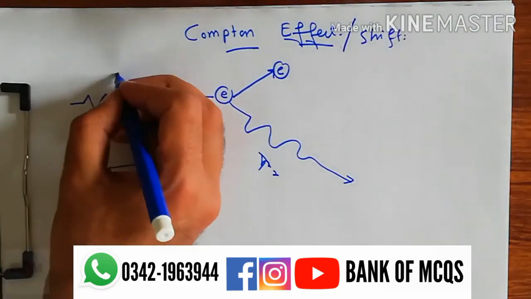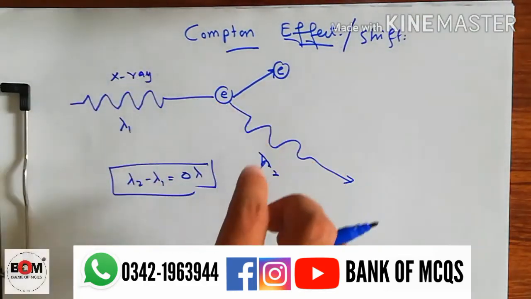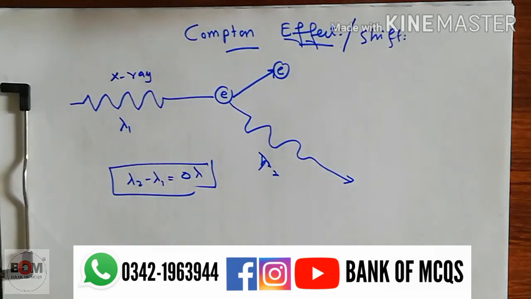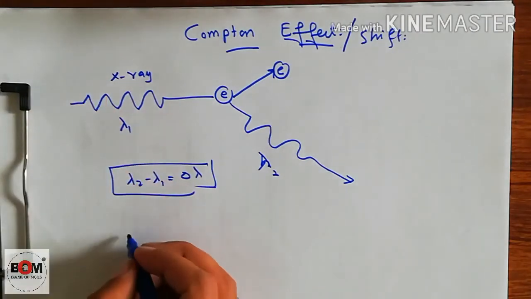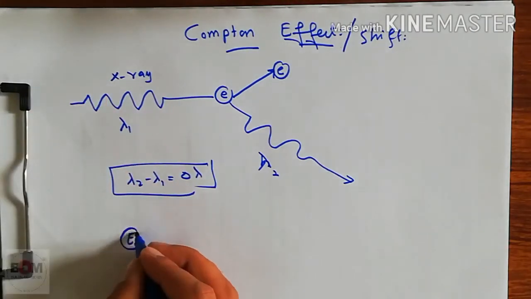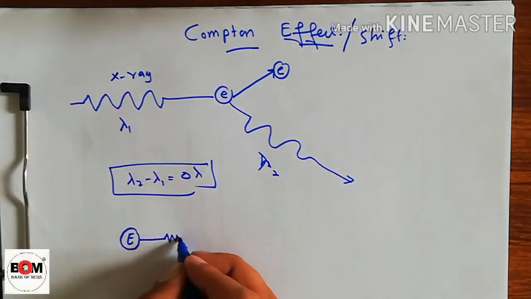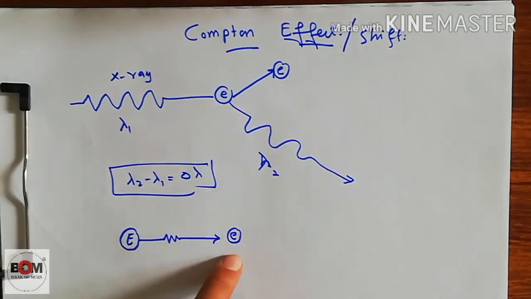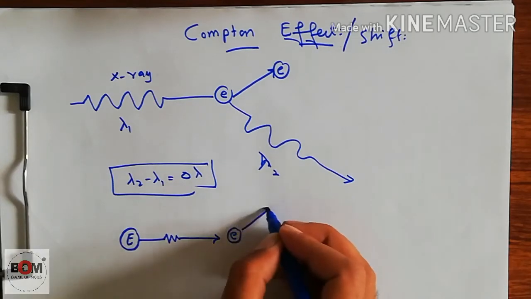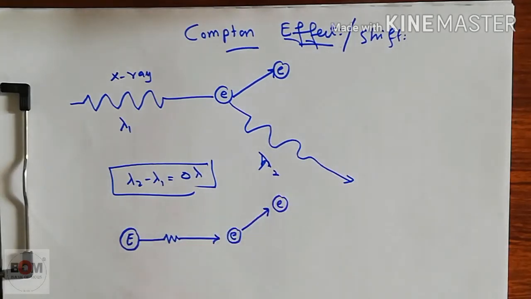When X-rays come and hit the electron, a change in wavelength occurs. Why does the change in wavelength occur? Because if X-rays are coming, they must have some sort of energy. So an X-ray with energy came and hit the electron, which is at rest. So the electron will start motion with some velocity.